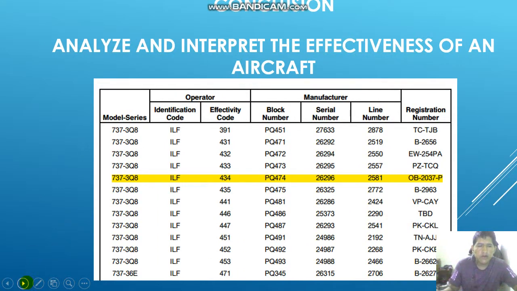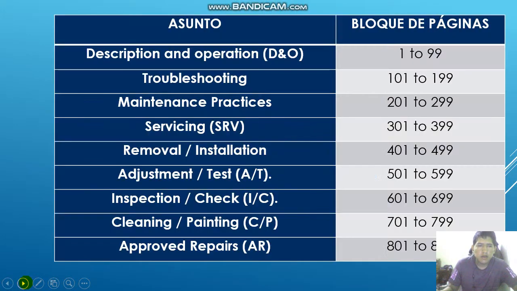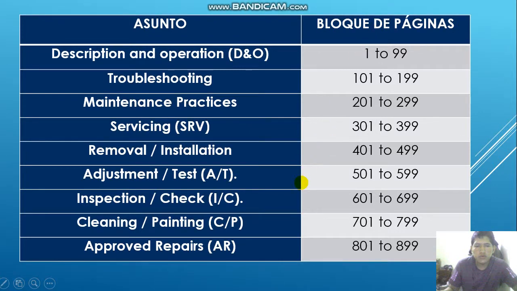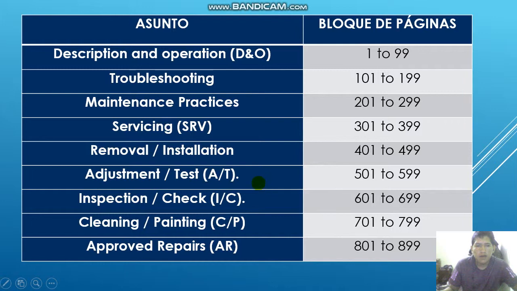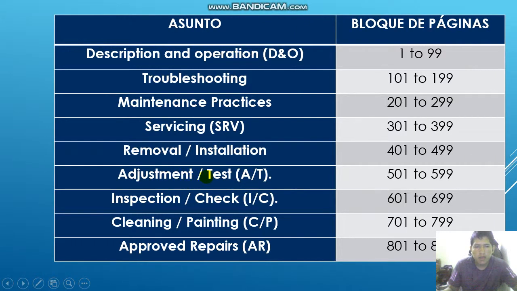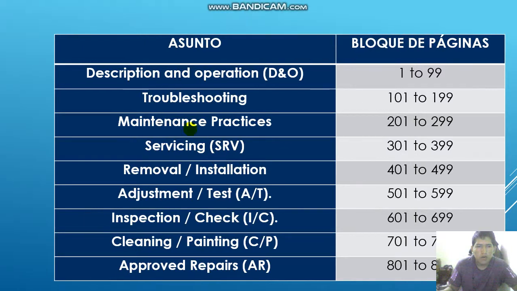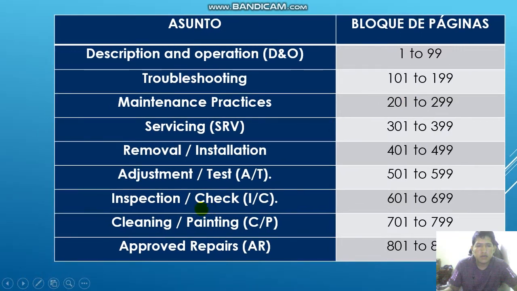Next, to find this information in the manual, you must know the page block to find any information first. For example, for mobile installation you can get this information on this page, or troubleshooting on this page.